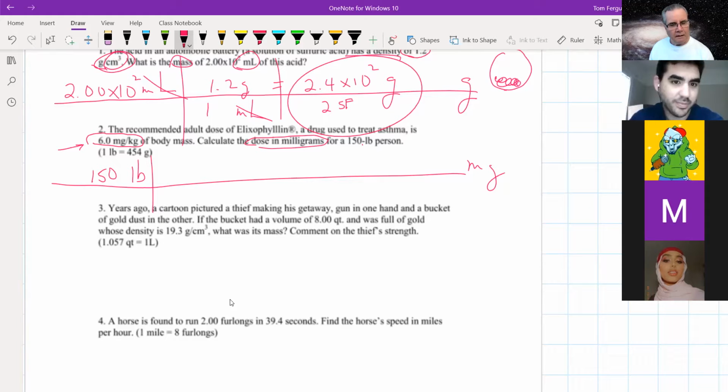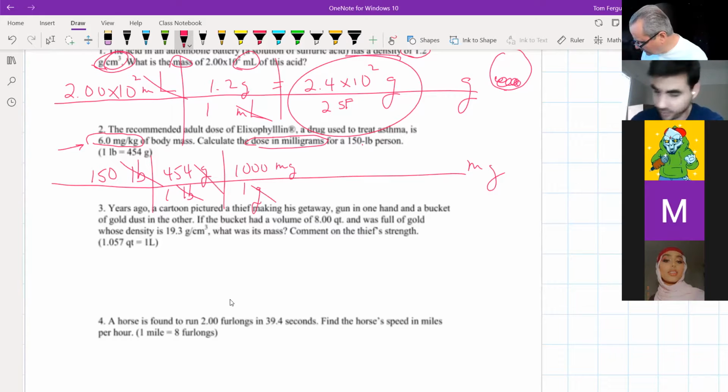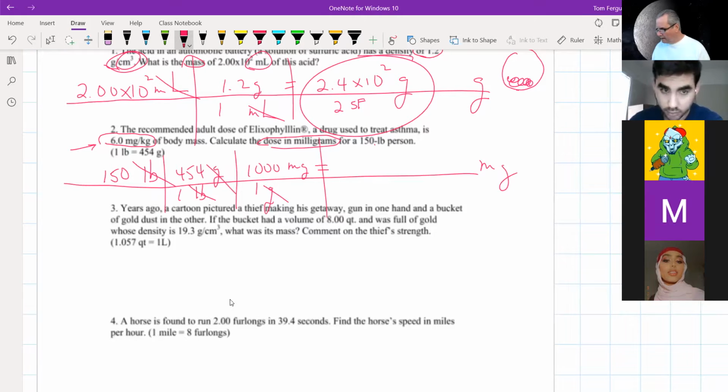Yes, at the very bottom. Yeah, I mean, we're almost there. Now we just need to go from grams to milligrams. Pounds cancel, grams cancel. So we're looking at 150.